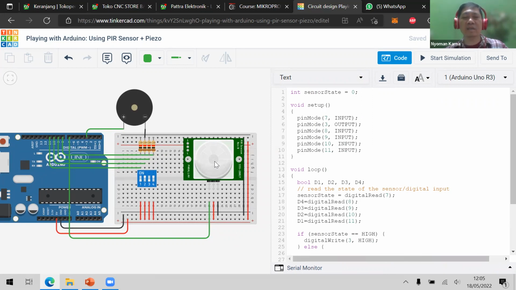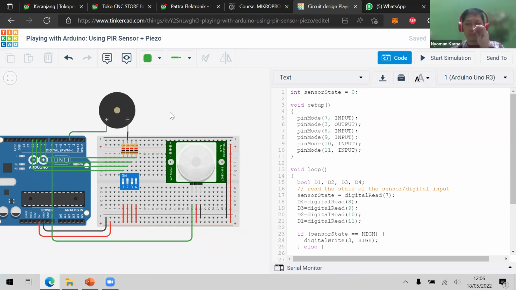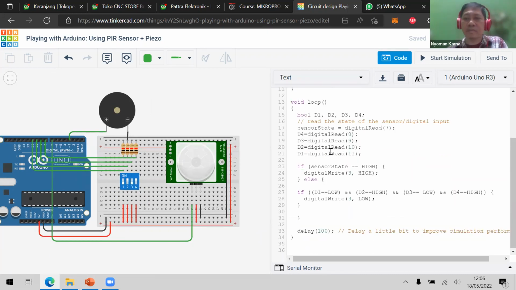If there is something approaching this sensor, then you need to set something like a password, but here it is only 1, 0, 1 and 0. If you don't put the correct combination on the switch, then it will turn on the speaker.